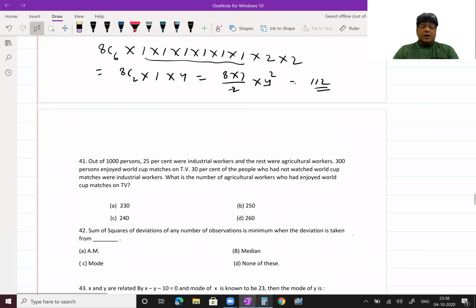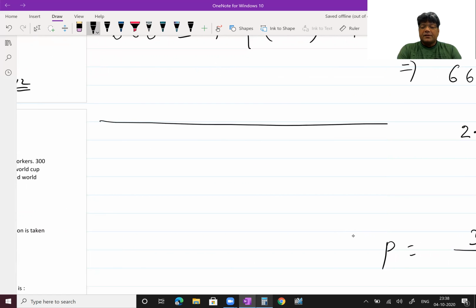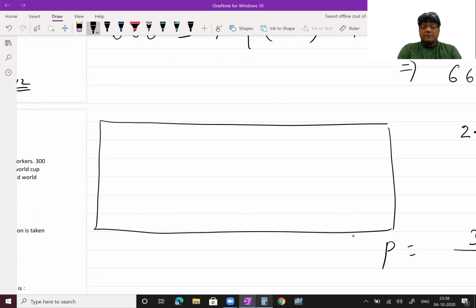Look, out of 1,000 persons, 25% were industrial workers and the rest were agricultural workers. Industrial and agricultural, two types of workers.